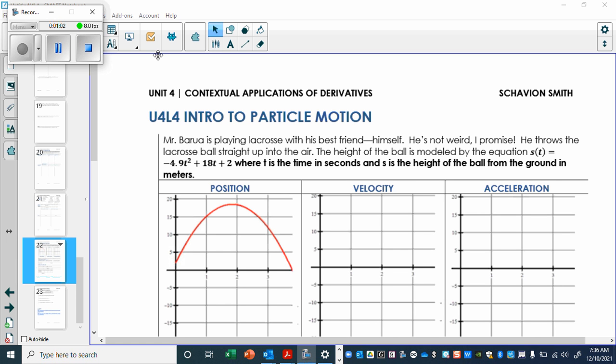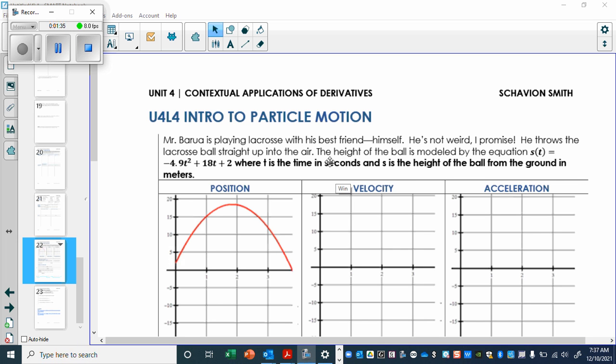So, just looking at this picture, it says Mr. Barua is playing lacrosse with his best friend, himself. He's not weird, I promise. He throws a lacrosse ball straight up into the air. The height of the ball is modeled by the equation s(t) = -4.9t² + 18t + 2, where t is the time in seconds and s is the height of the ball from the ground.